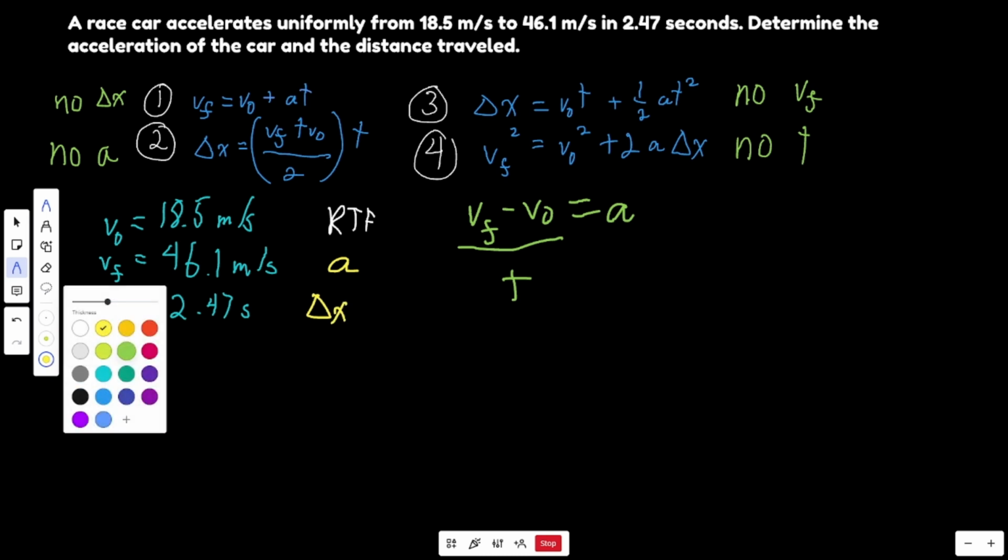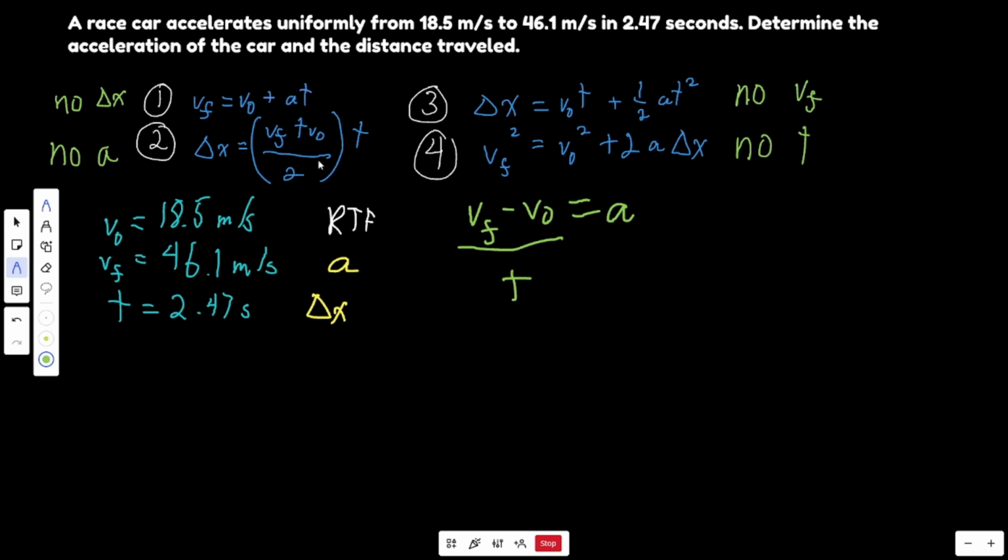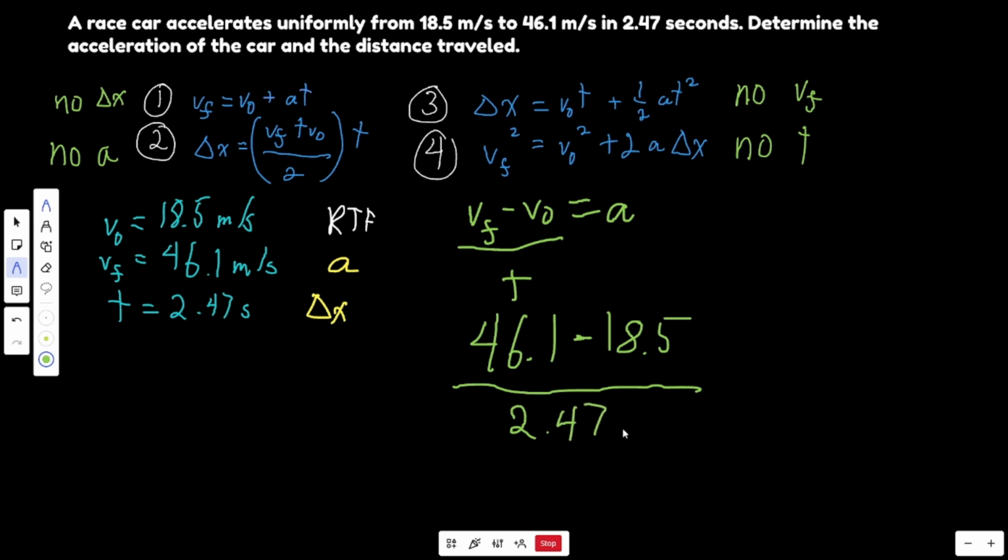So replugging in our values, we get vf, which is 46.1, minus 18.5, over 2.47. Plugging this into your calculator, 46.1 minus 18.5 divided by 2.47, that should be 11.17. This is acceleration, so this is meters per second squared.